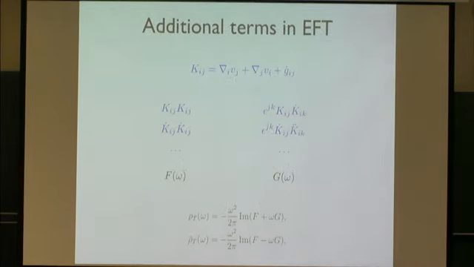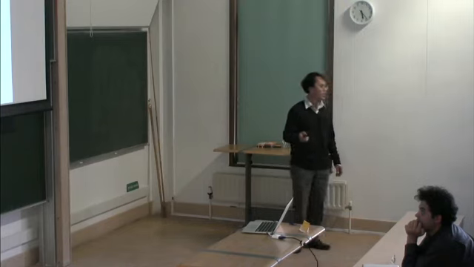So let us introduce K_ij, the covariant derivative of V combined with g_ij, so that it transforms correctly under coordinate transformations. We can write down a series of K-squared terms with all possible powers of time derivatives. In order to sum up all these terms, we need one function, f(ω), an even function of ω.